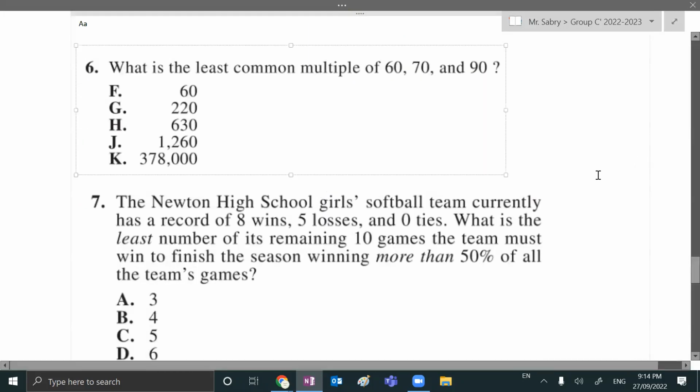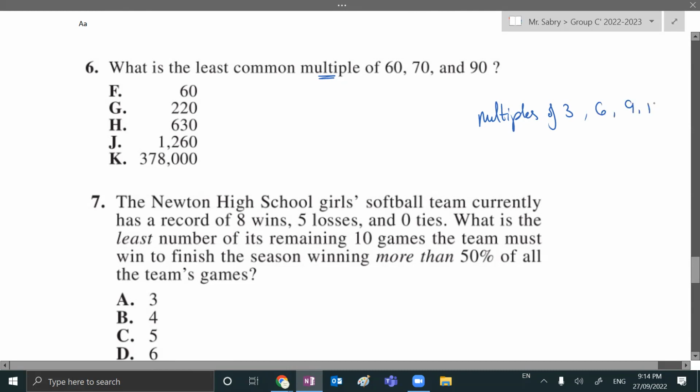Let's go through number 6. What's the least common multiple of 60, 70, and 90? So a multiple means that, for example, multiples of 3 are the numbers that could come out by multiplying 3 by numbers. يعني 3 and then 3 times 6, 9, 12.